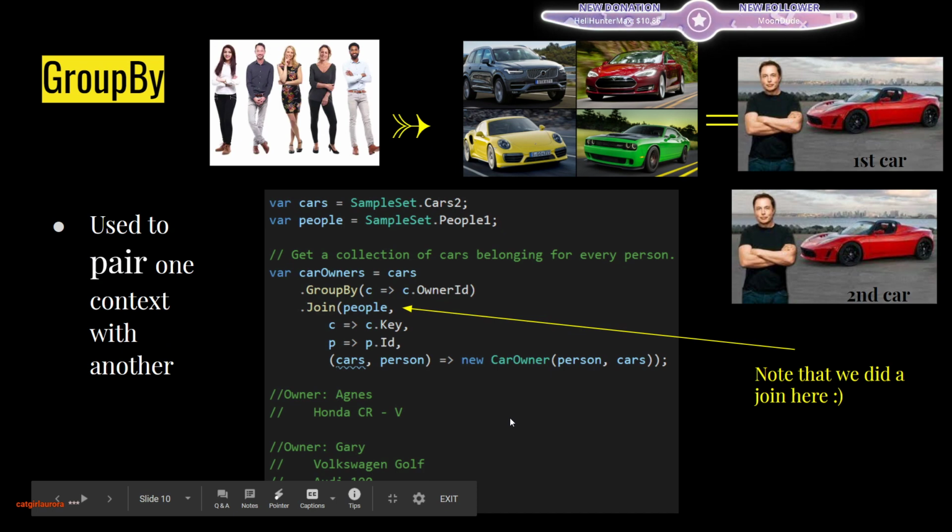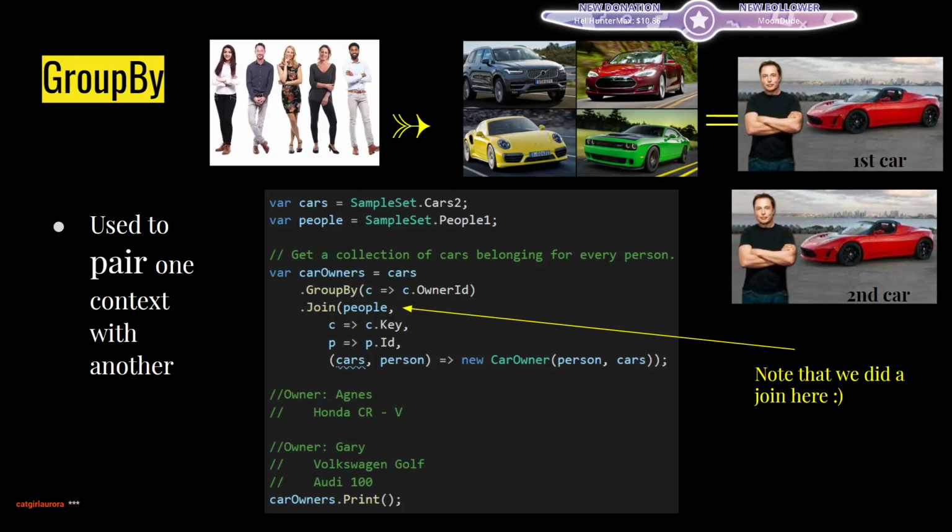Now group by. So group by is kind of similar to join, except that you don't have to join another context. You basically group by with the same context.